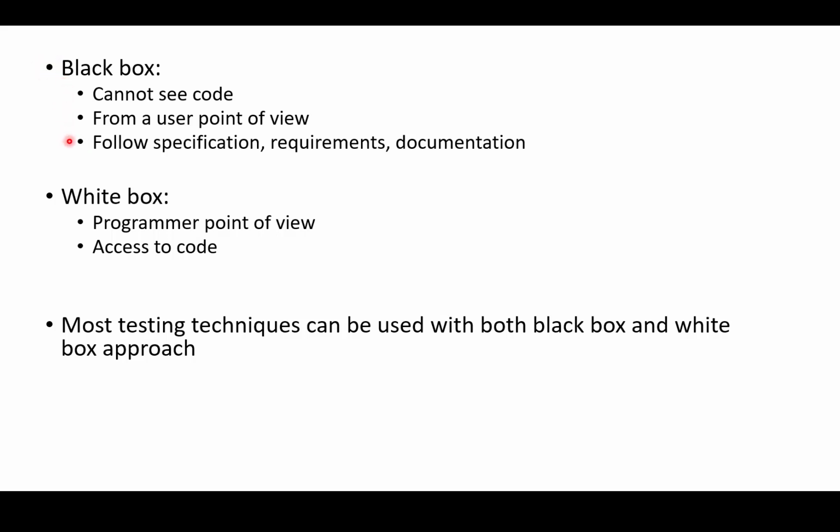You might want to unit test that, and you cannot really look into the code. You can just read the API documentation, so you can unit test that using a black box approach. So it can be mixed if you want to. Okay, so these are the two umbrellas, and it just gives us a vocabulary to talk about our testing approach.